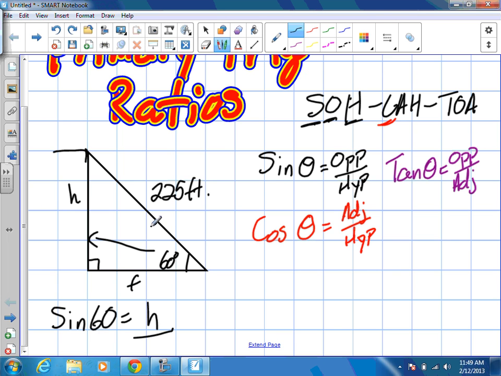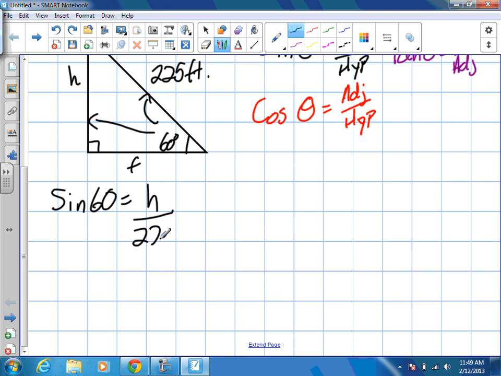That's right, 225. So we've set up sine, 225. We're going to set up cos 60. Cos 60 degrees is equal to the adjacent side. What's the adjacent side? We're going to call it f. Okay? Divided by what? 225, which is the hypotenuse.